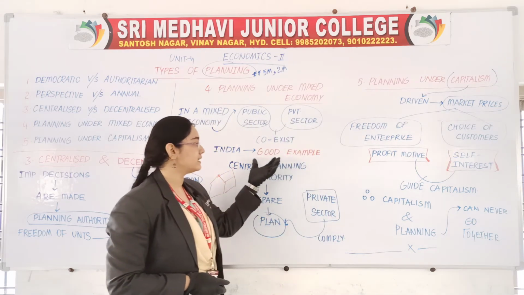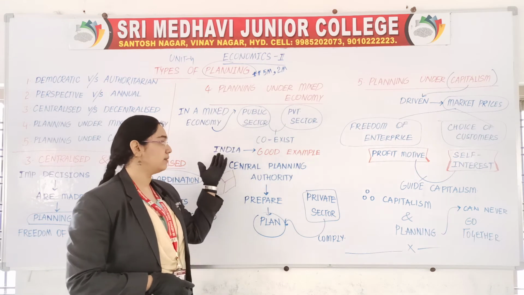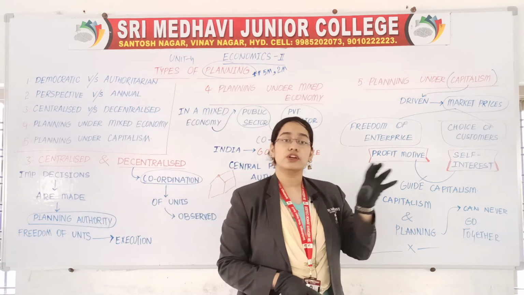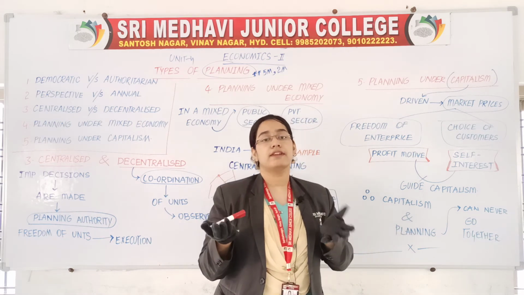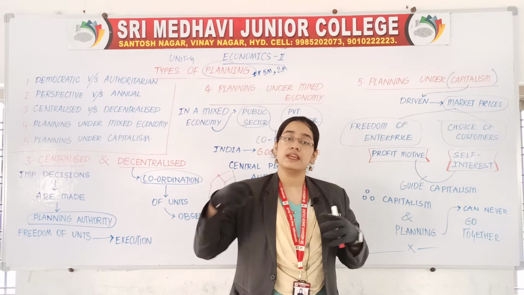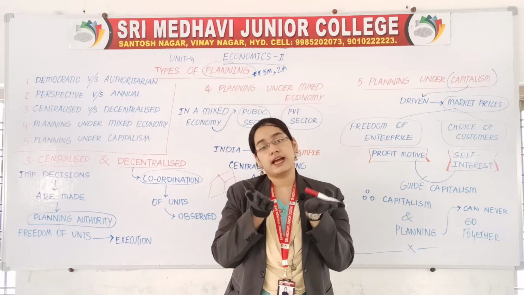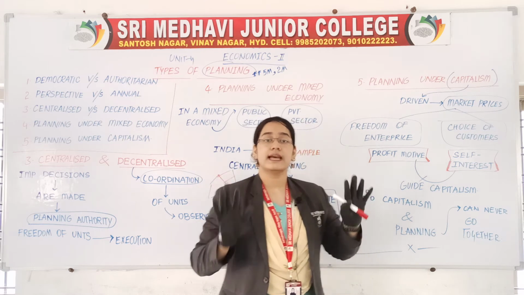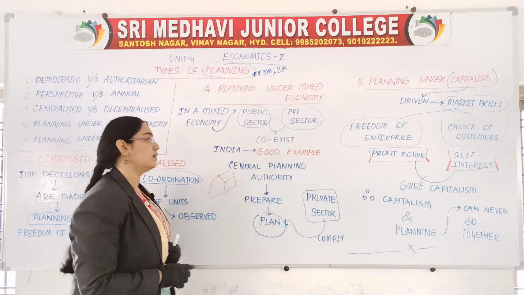A good example for a mixed economy is India. We are not only having private, we are having public sectors also. So India is a good example for a mixed economy.